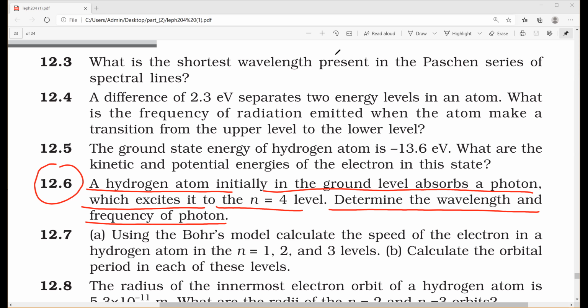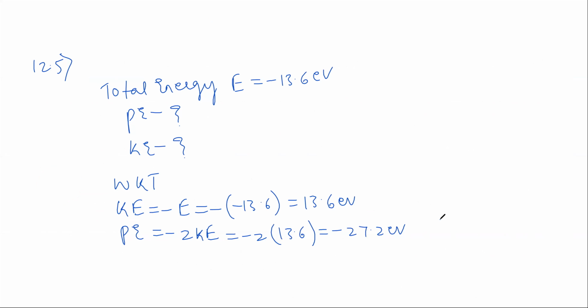12.6 it is. First, they have given n is equal to 4, asked to calculate wavelength and frequency. We know that energy En is equal to minus 13.6 divided by n square electron volt.